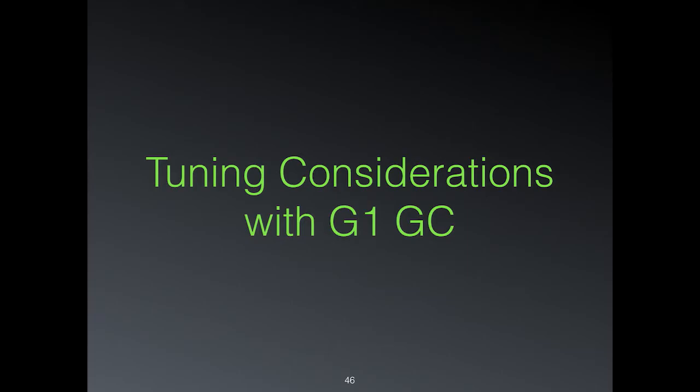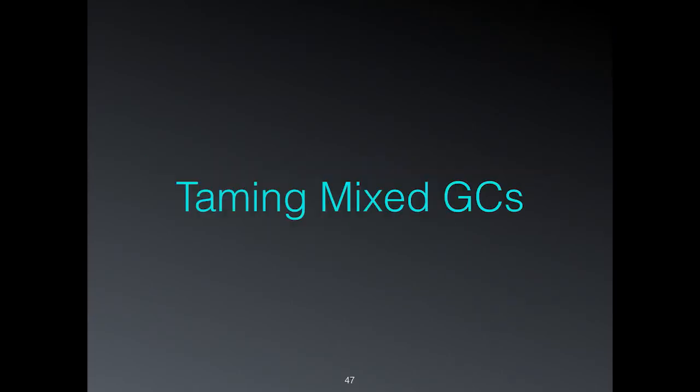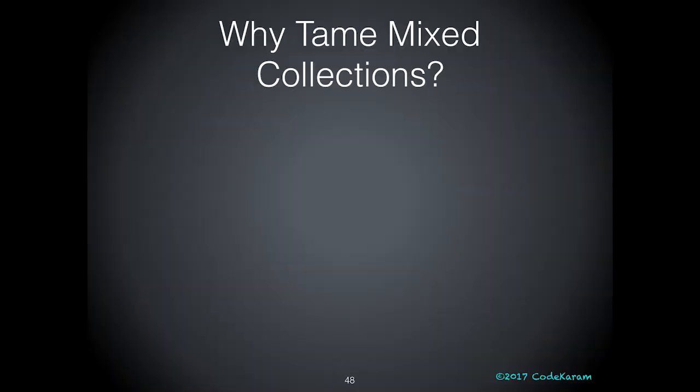So now, moving to tuning considerations with G1 GC. The first and foremost is taming mixed collections. The reason I say taming mixed collections is basically you try to achieve where you want to be by tuning various knobs, right? So why do we need to tame mixed collections?